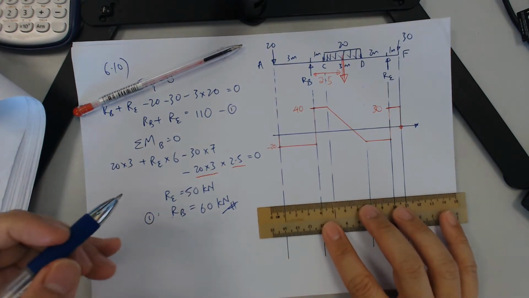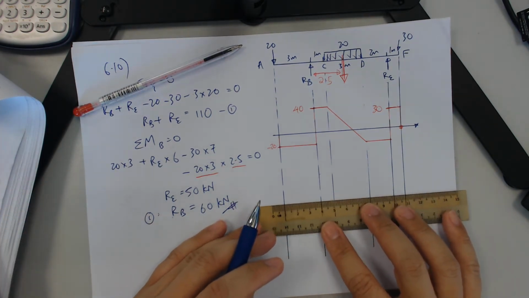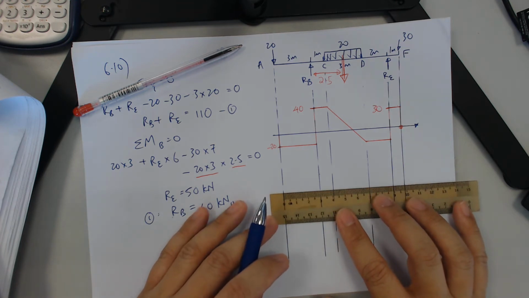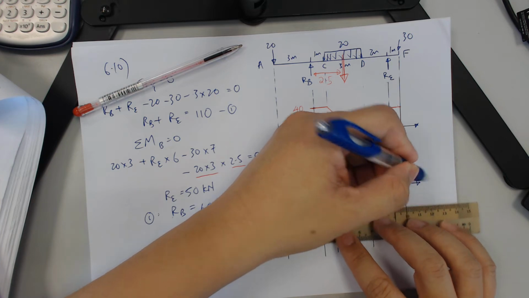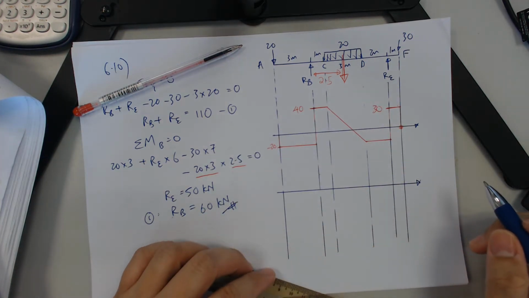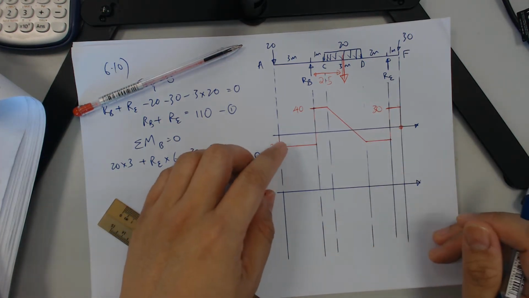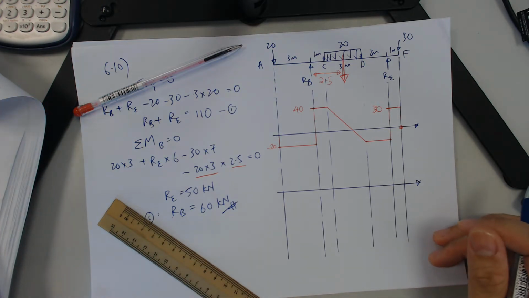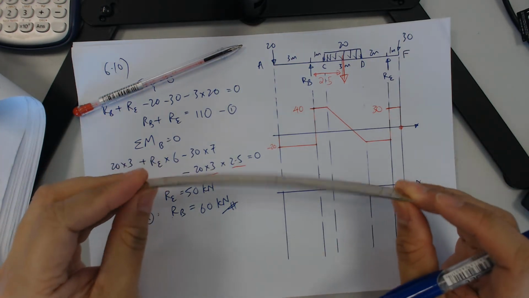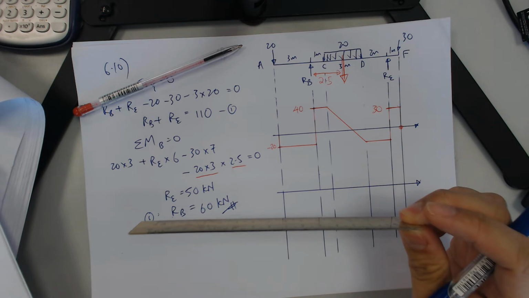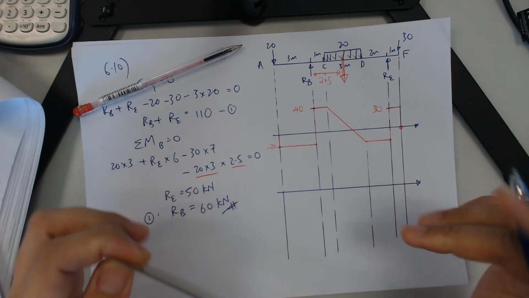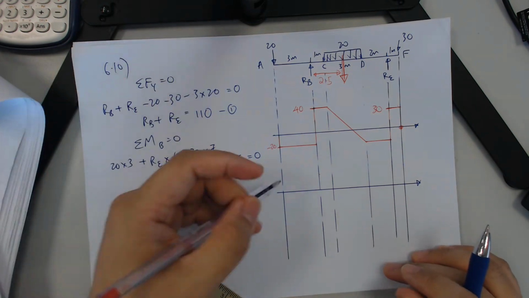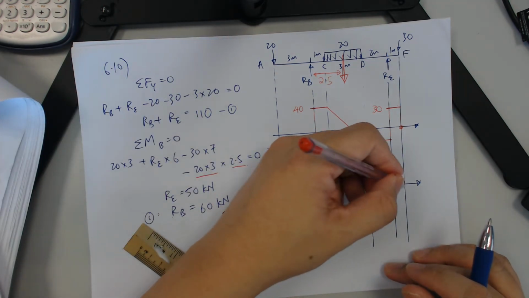All right, and as we look at the bending moment, first of all, we know that the beam is free at both ends, so both ends will be 0 bending moment. Okay, so it's going to start from 0 and end at 0.